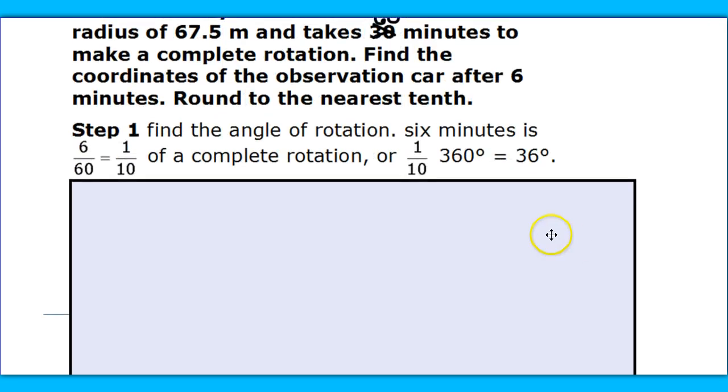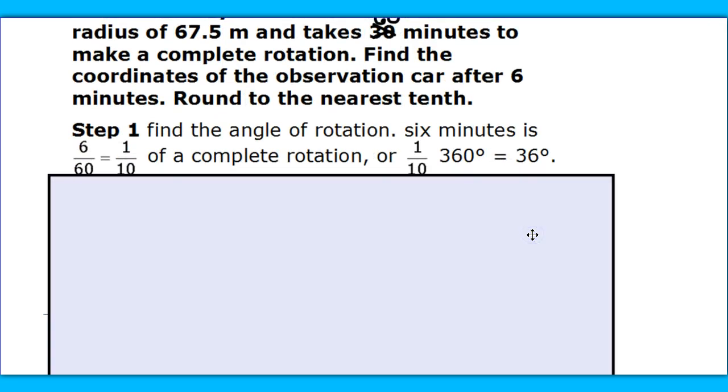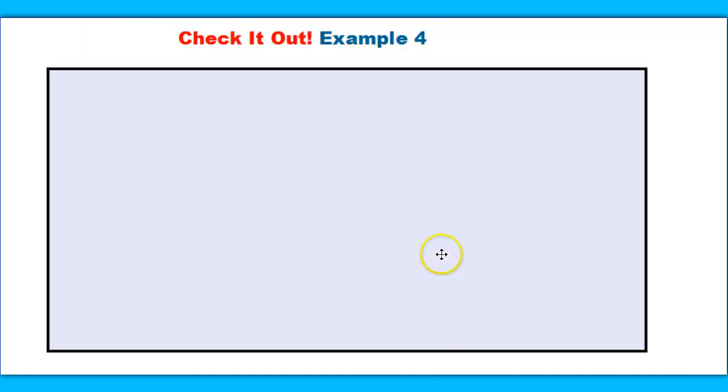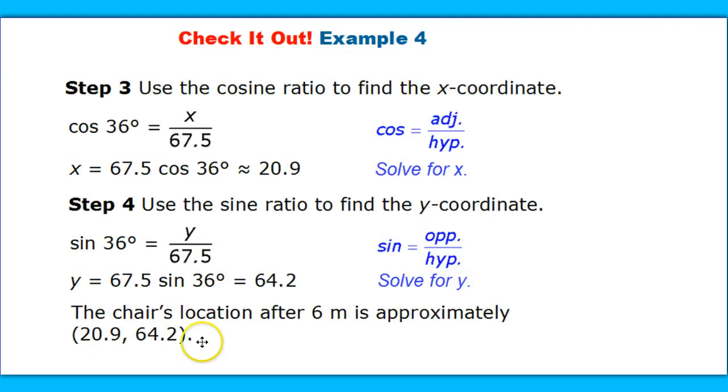Then you can draw a little right triangle showing a 36-degree angle, and we know that we have this radius of 67.5. So once again we're finding a cosine, adjacent over hypotenuse, and a sine in order to find the y, opposite over hypotenuse. And you should have found the chair's location, (20.9, 64.2).